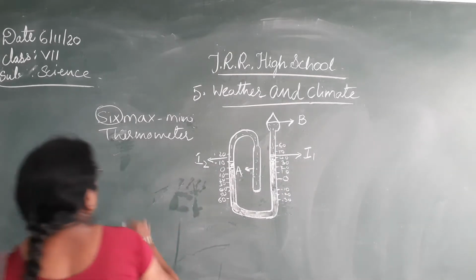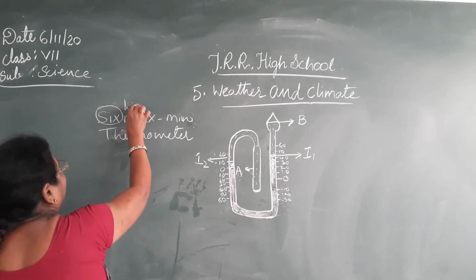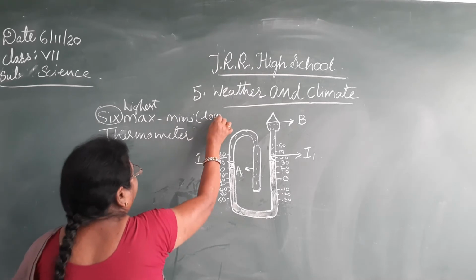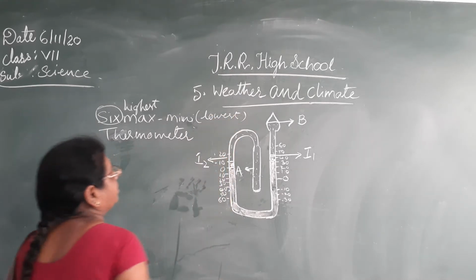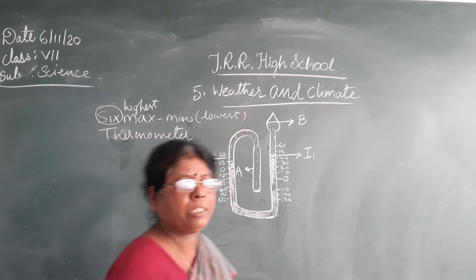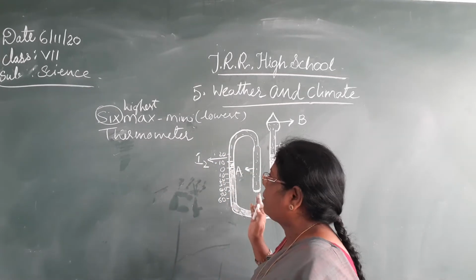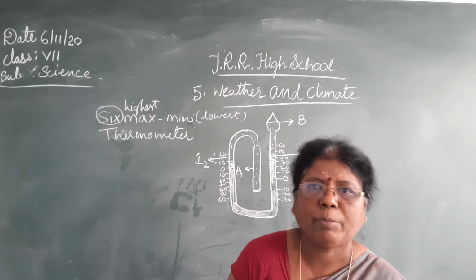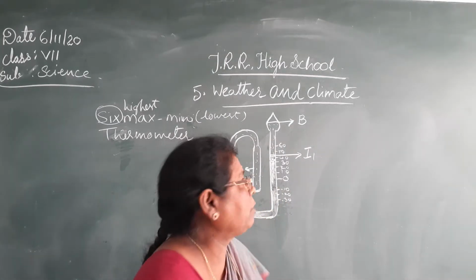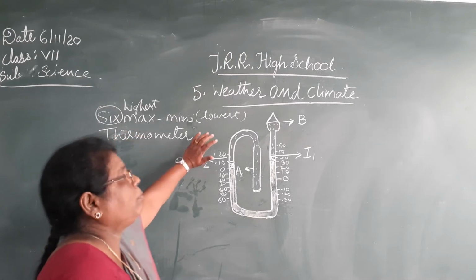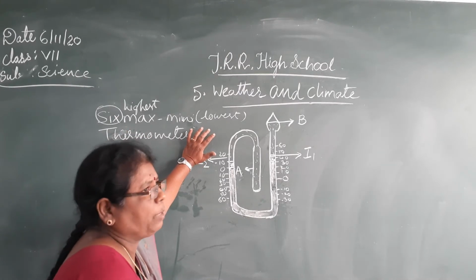Maximum is the highest temperature and minimum is the lowest temperature. The highest and lowest temperature of a place are measured using a thermometer called the maximum minimum thermometer. So keep in mind, maximum is highest temperature and minimum is lowest temperature.